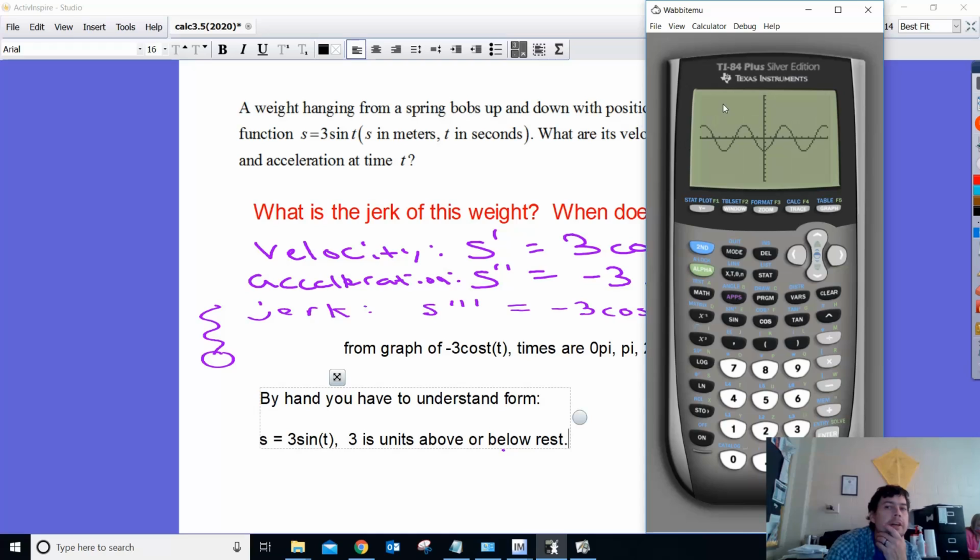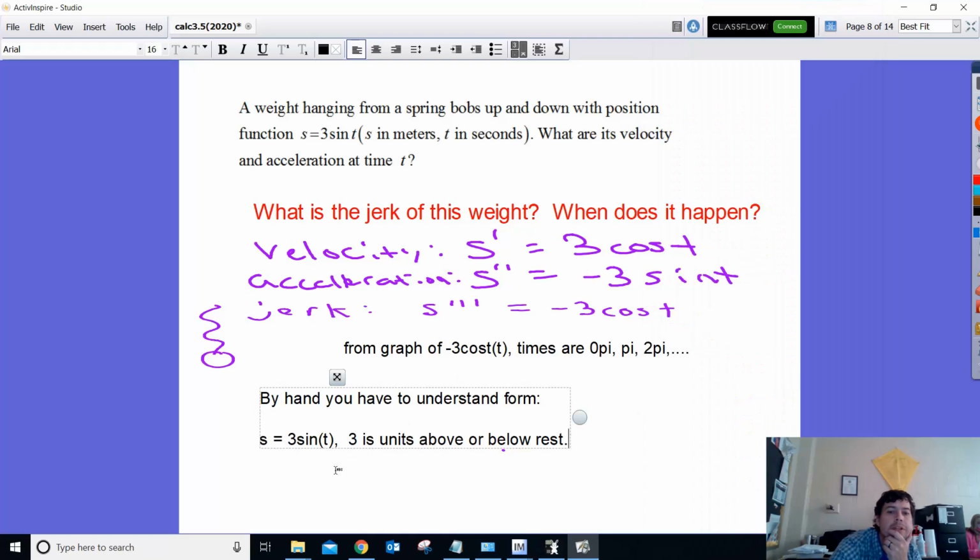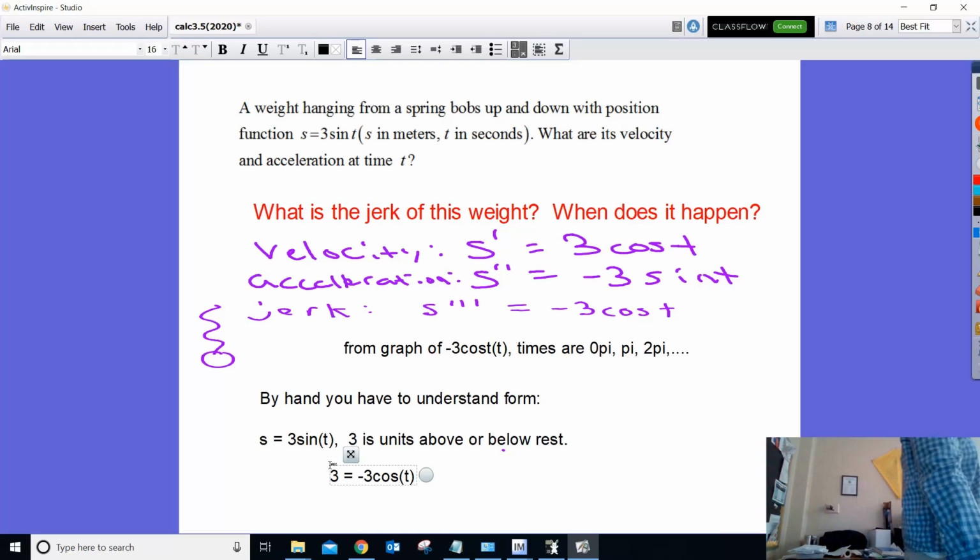Now, rest being the origin, these jerks are happening 3 units above and 3 units below. So what you actually have to do is say 3 equals -3 cosine of t, if you want to do it by hand, because that's where the jerk is happening if you use it supported by the graph.